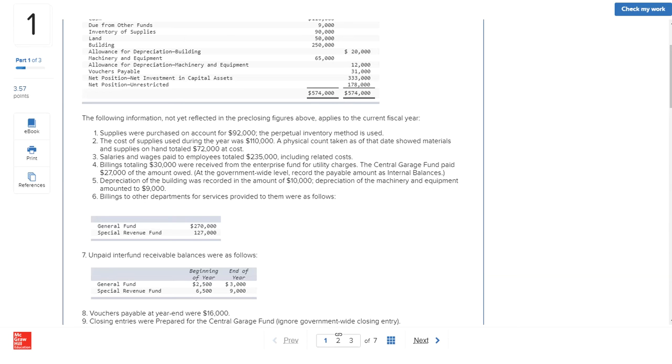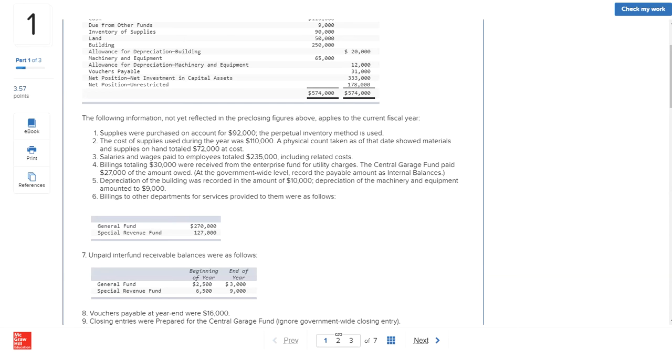And then in number 5, you have depreciation expense, and that also has an allowance for depreciation. So for your internal service fund, you're going to show that depreciation expense for each one of those assets. And then for your governmental, you simply show an expense, and you can see this on page 268 is where you'll see an example of that.